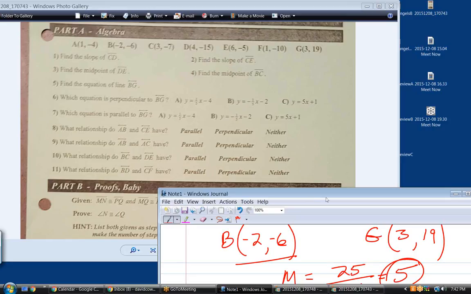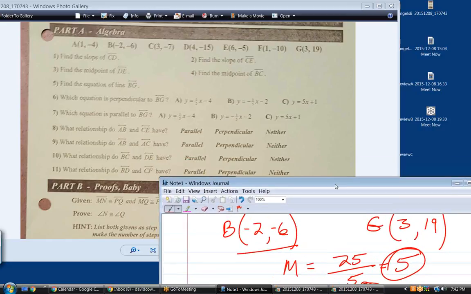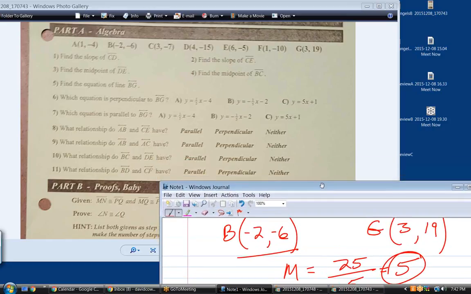What was the slope of BG? It was 5. Which of these equations is perpendicular to BG? Would it be B? Yeah. In other words, if it's the same slope, it's parallel. This line here is parallel.